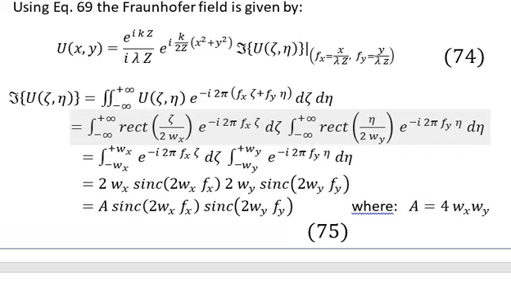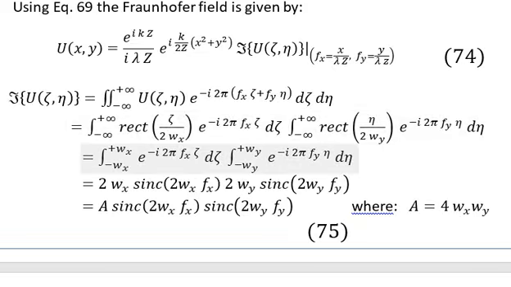So now we can remove the two rect functions. In the first integral, the rect function is removed, but the limits have been changed from minus wx to plus wx, because within these limits the rect function is 1 and outside these limits the rect function is 0. Similarly in the second integral we have replaced the infinite limits of the integral by minus wy to plus wy, and the rect has been set to 1.